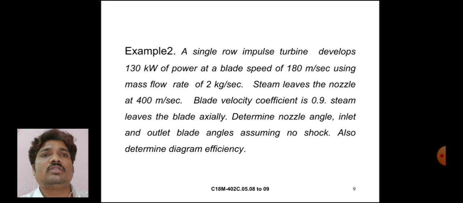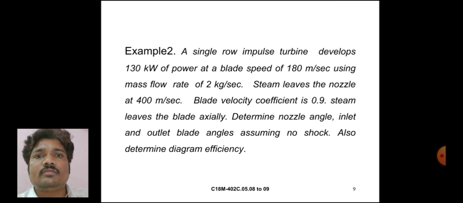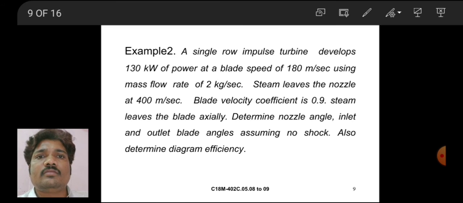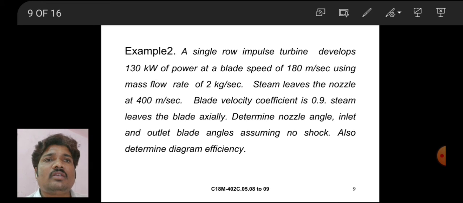Example 2. A single row impulse turbine develops 130 kilowatts of power at a blade speed of 180 meters per second, using a mass flow rate of 2 kg per second.